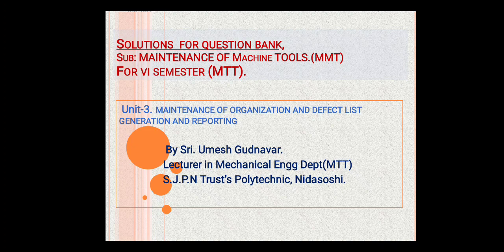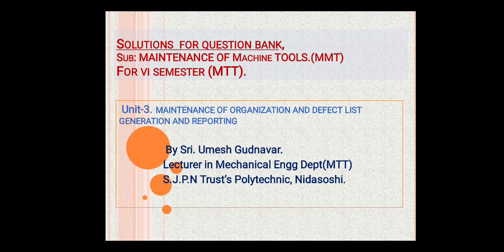In this video I am going to explain unit 3, that is maintenance organization and defect list generation and reporting. This video includes question and answer explanations of your question bank questions only, which is very important for the forthcoming semester exams.